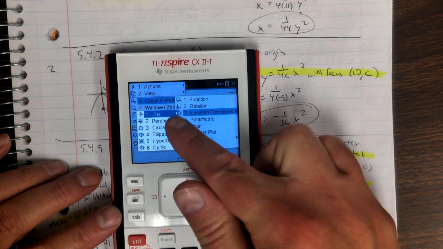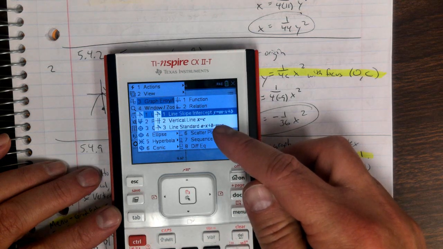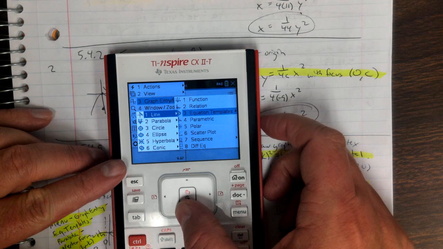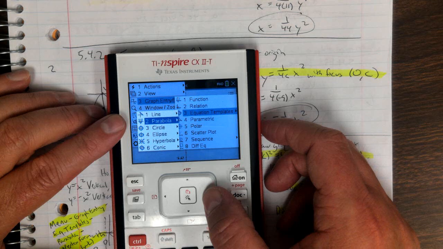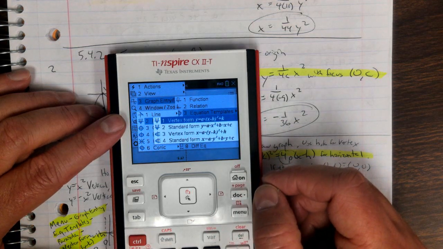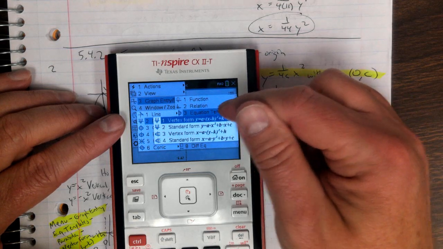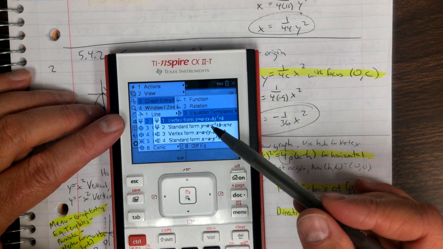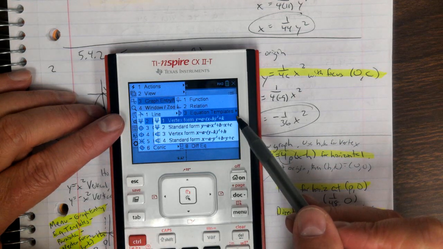And before you saw a line with slope intercept, vertical, or a standard form. So if I hit escape to back out of that, parabola would be what you want here because it's based on x squared or y squared. So your vertex form would be with the parentheses. You have your a times x minus h squared plus k, where h, k is your vertex.